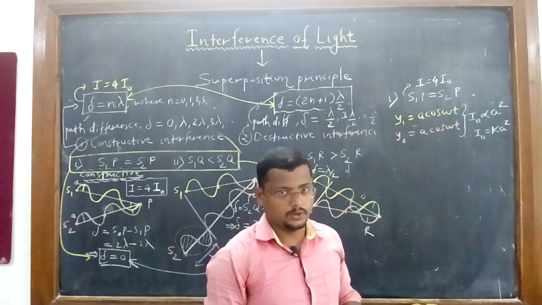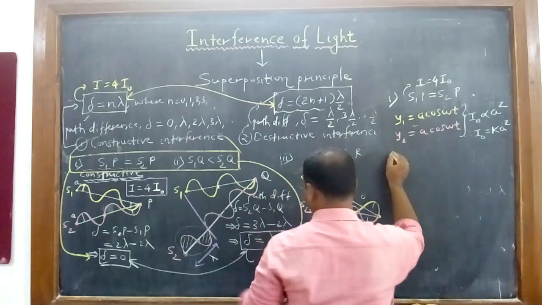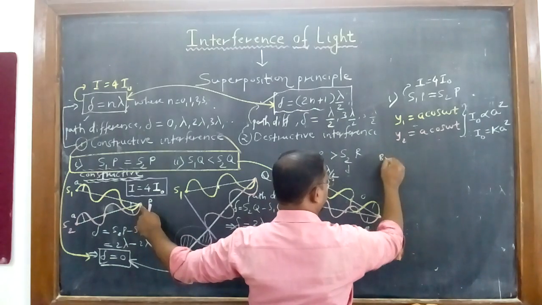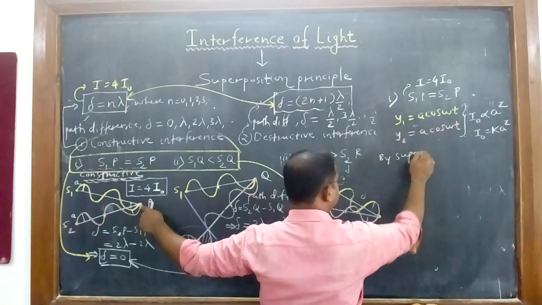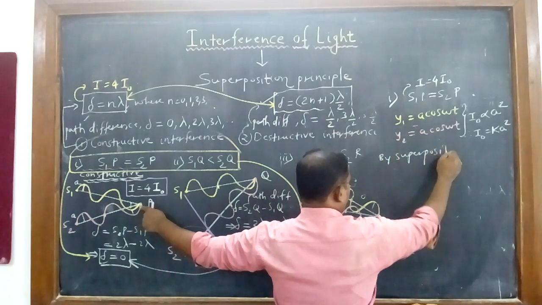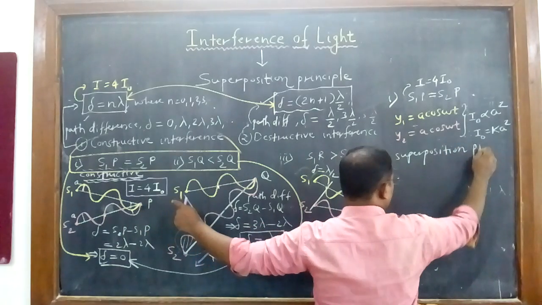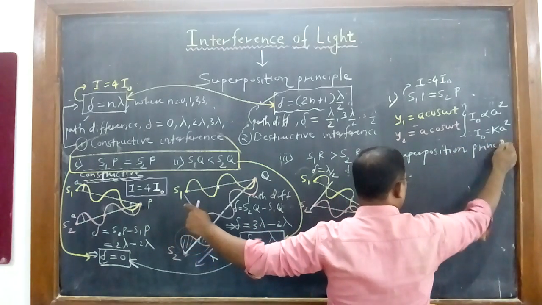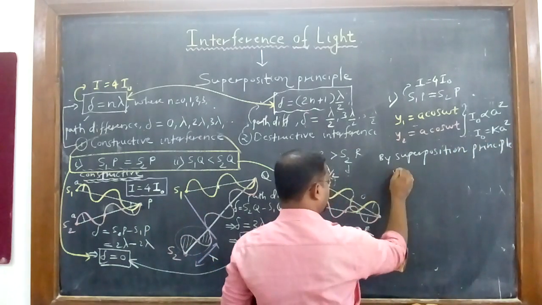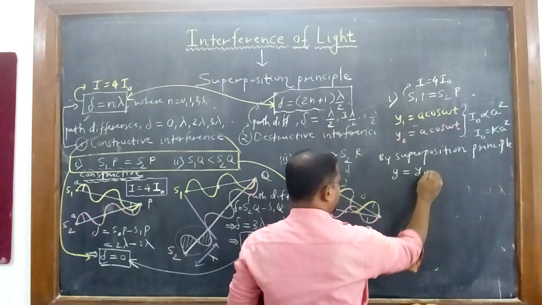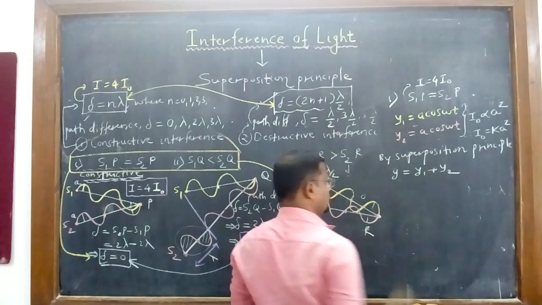Now these two waves are meeting at this point P. So by the superposition principle, the resultant wave is Y equal to Y1 plus Y2.